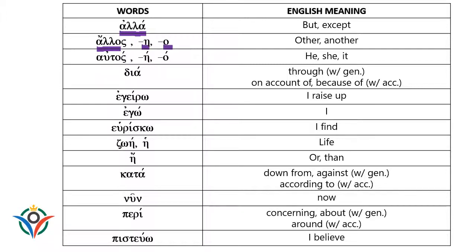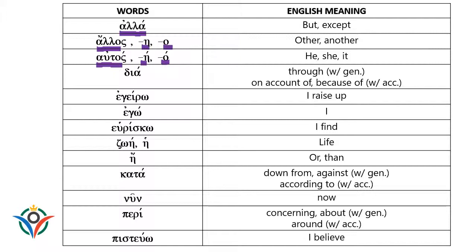Then we have our third person personal pronoun, the nominative forms, masculine, feminine, neuter, which you should be familiar with at this stage. It's autos, autē, auto, which we translate as he, she, or it.